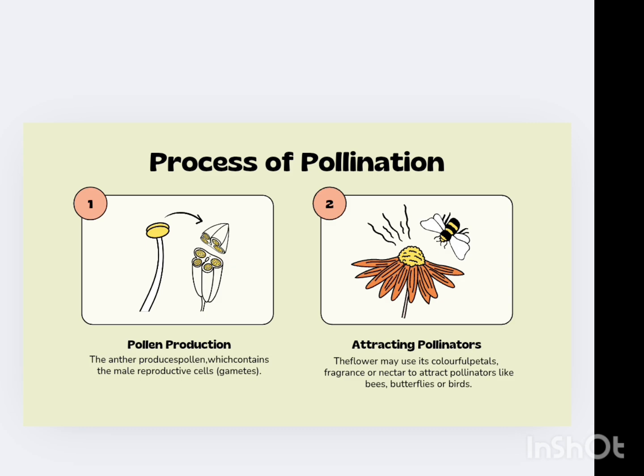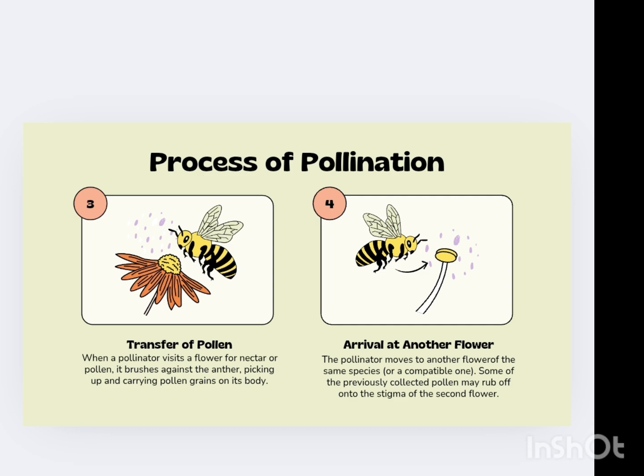The process of pollination involves pollen production, which takes place in the bilobed structure of the pollen sac, where male reproductive cells or gametes are produced. Flowers attract pollinators by nectar, fragrance, or attractive colorful petals, like bees, butterflies, or birds like hummingbirds.